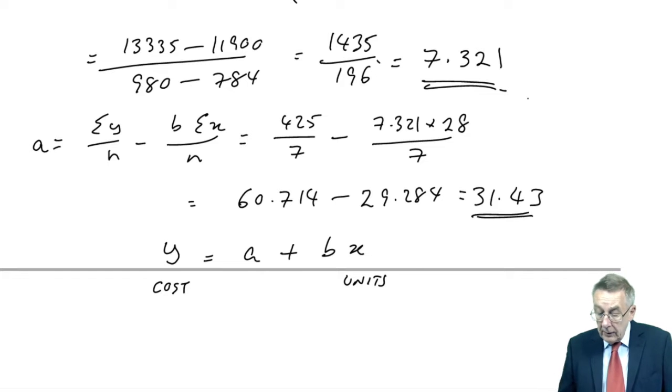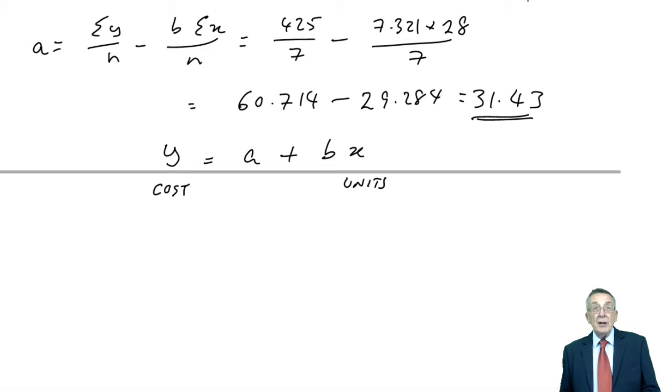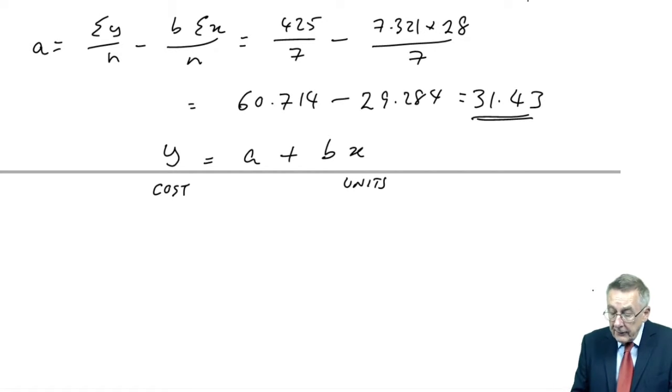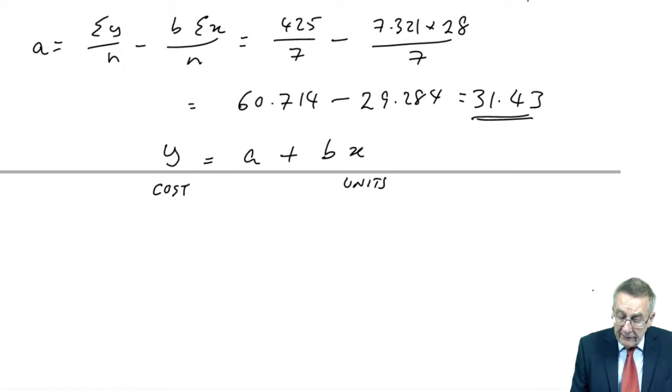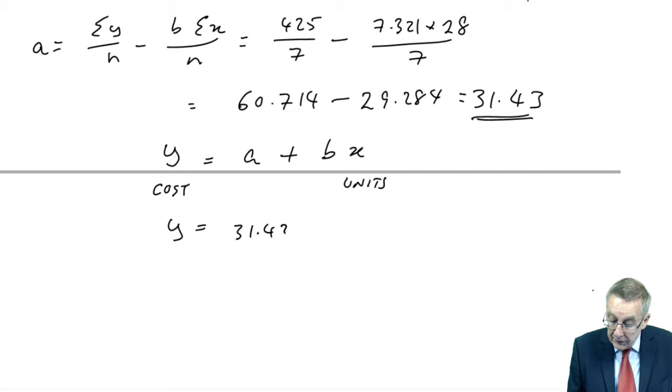The point being, when we did this, the costs were all in thousands, and the units, I beg your pardon, were all in hundreds. So if I write the formula like this, A is 31.43, B was 7.321.